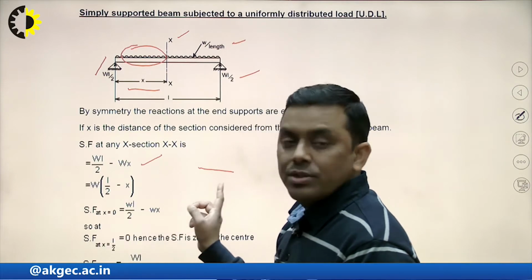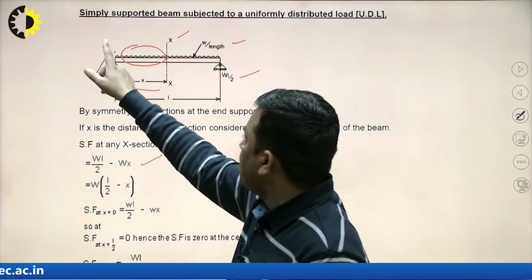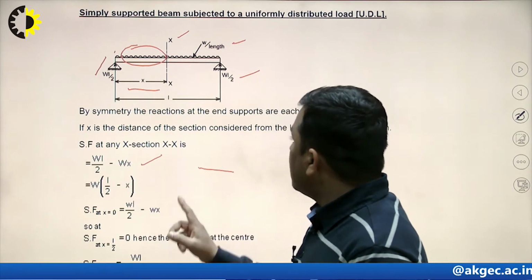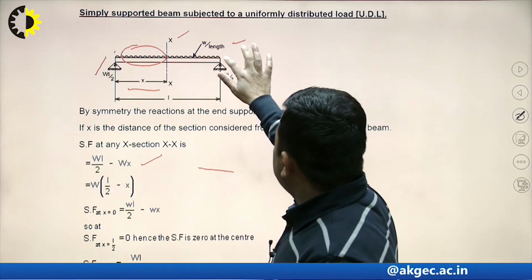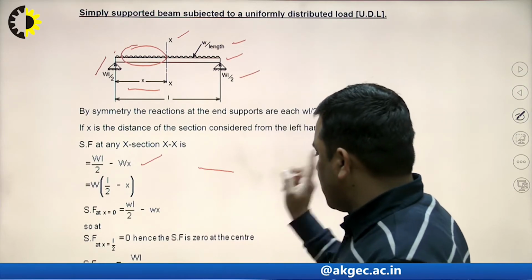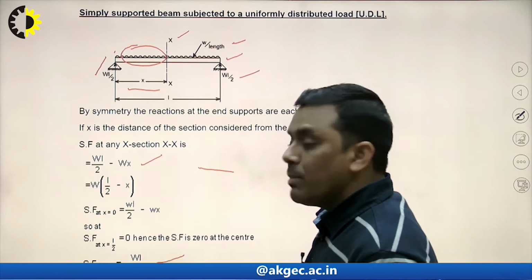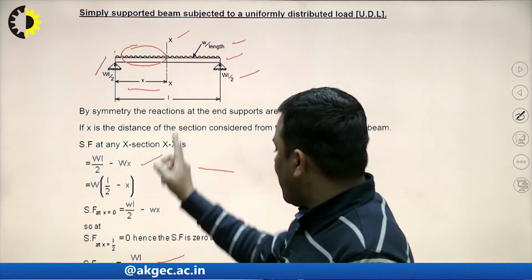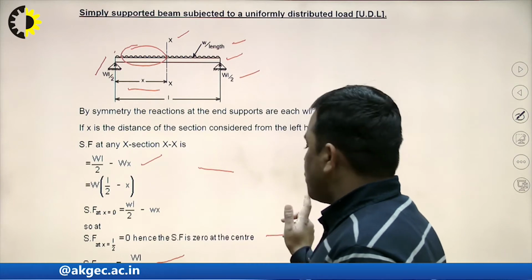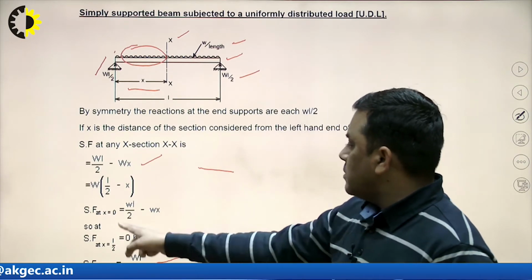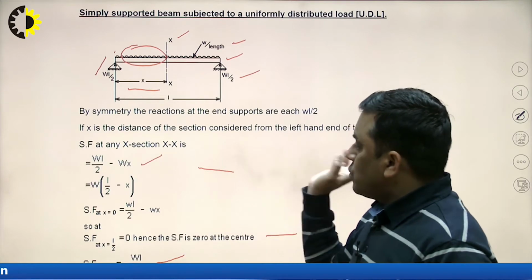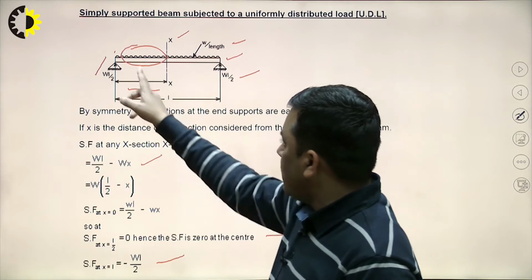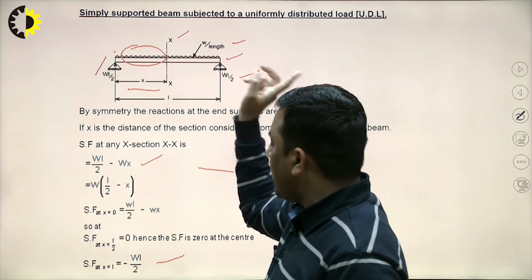At x equal to 0, on this support, it is WL/2. At the other support, putting x equal to L, it comes out to minus WL/2. At the midpoint, x equal to L/2, the shear force is 0.